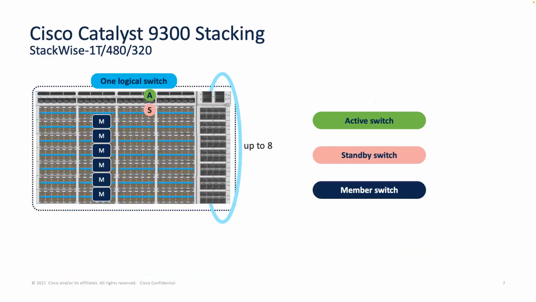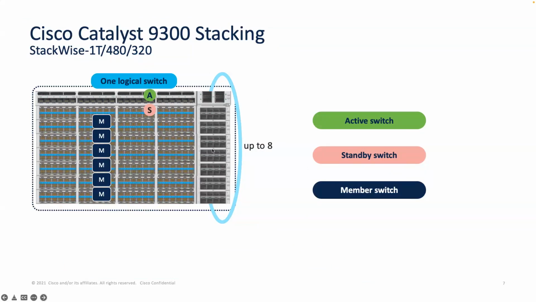I believe that most of you might have seen 9300 stacks in either your lab or a customer's environment. So basically, stacking is supported with up to 8 switches to form a stack. Each switch has 2 physical stack ports, and the switches should be connected like a ring.